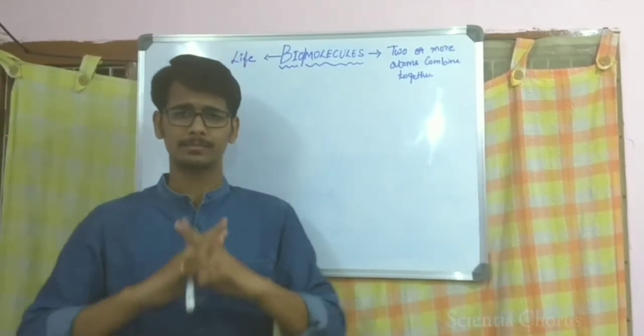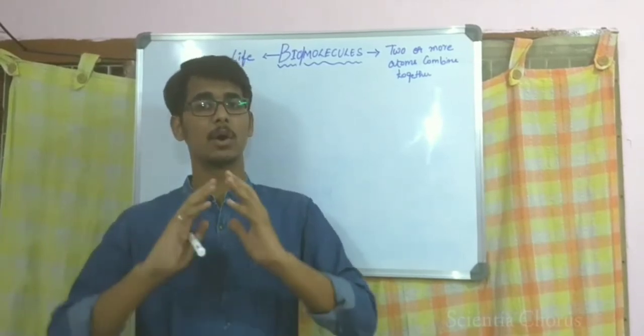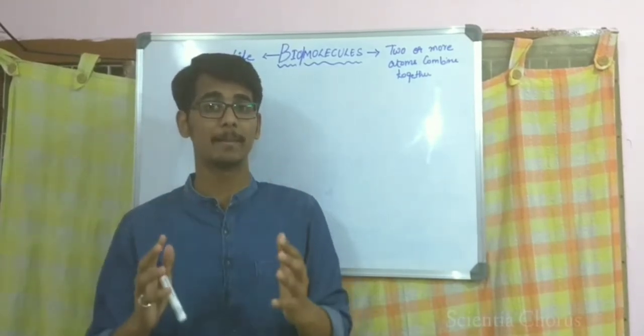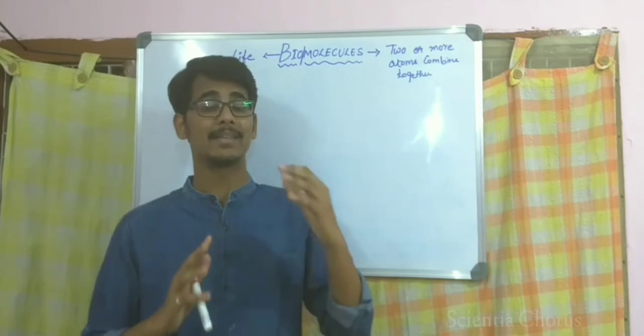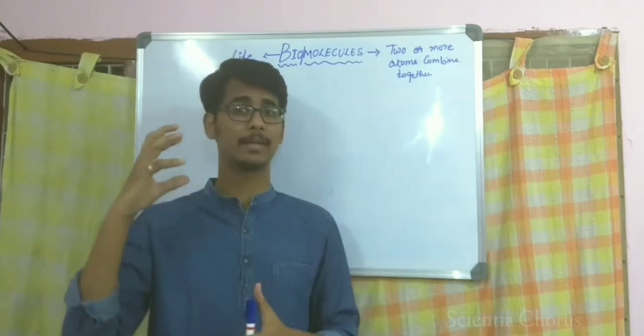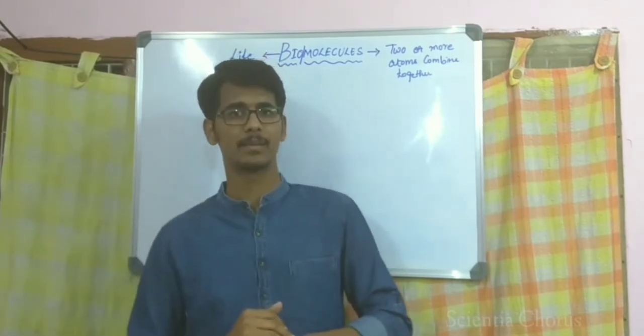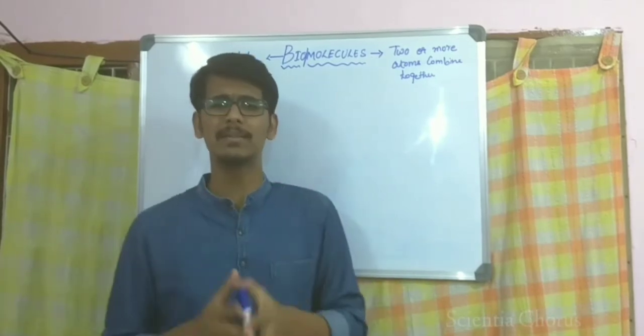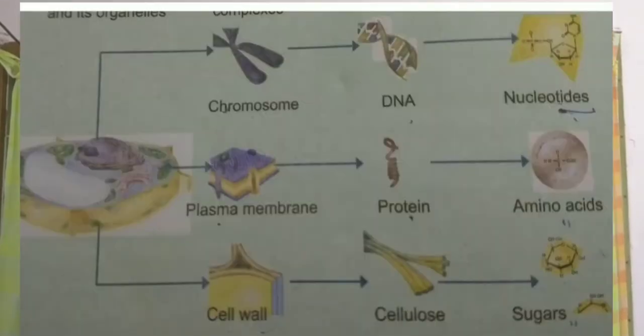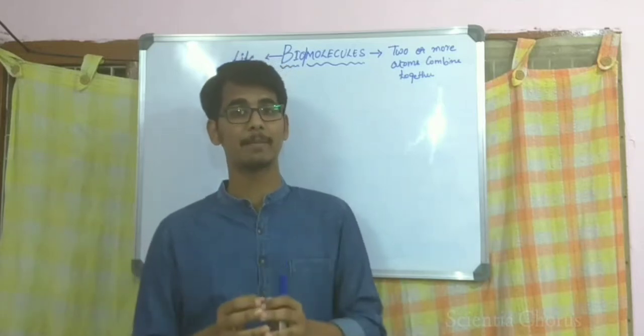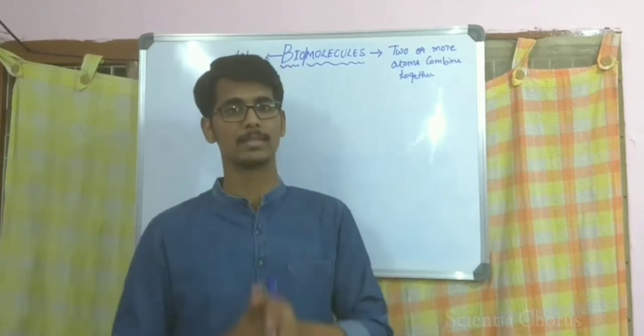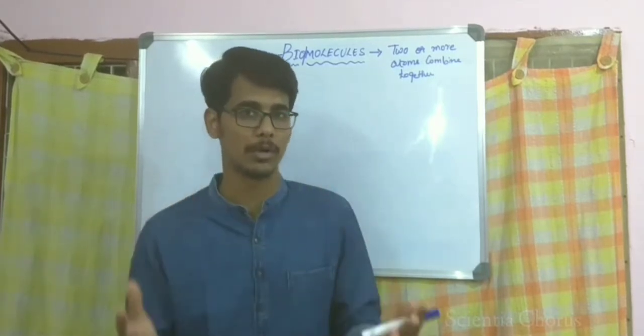Fine. Now, coming back to the living organisms, all the living organisms are made up of cells, right? And there are various parts of a cell and there are various cell organelles. I just believe that chemistry is always the core of biology. So whatever the parts of a cell may be, or whatever the cell organelles present in a cell, all these are made up of chemical compounds, which are called biomolecules.